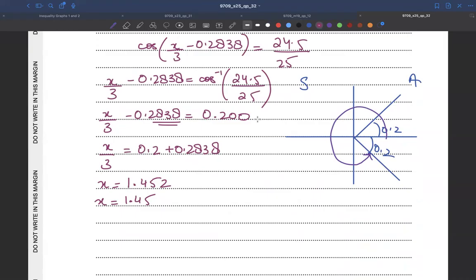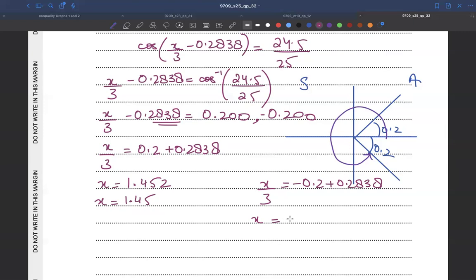So what we can do is check with negative 0.200 as well. And we'll get x upon 3 equal to negative 0.2 plus 0.2838, and then x would be equal to, so we'll put this in the calculator, minus 0.2 plus 0.2838, and then multiply by 3.